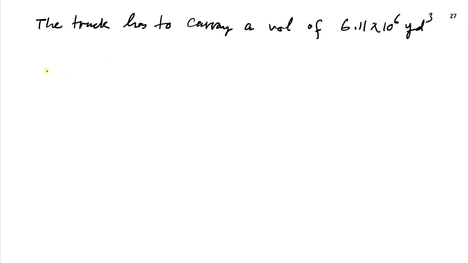Right now the volume of the truck is only 10 cubic yard. So it means the truck cannot take this whole soil in one go. So how many times does this truck need to fill?